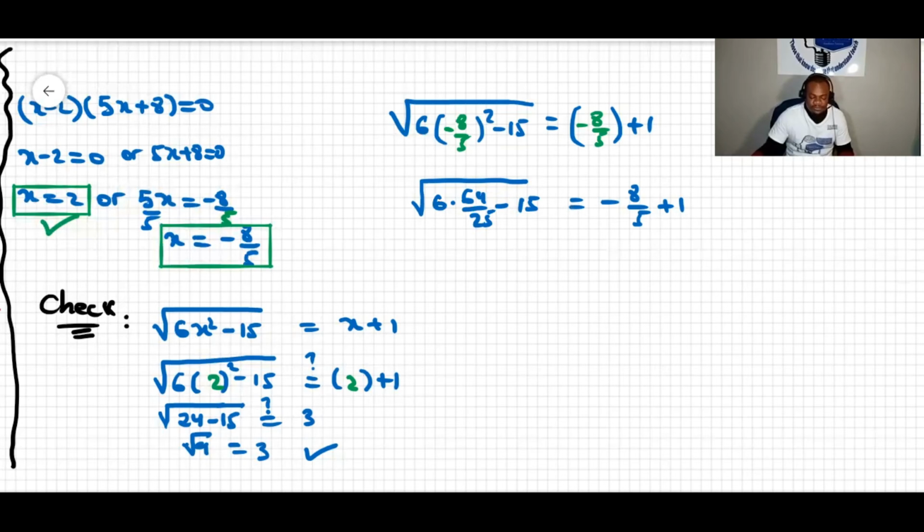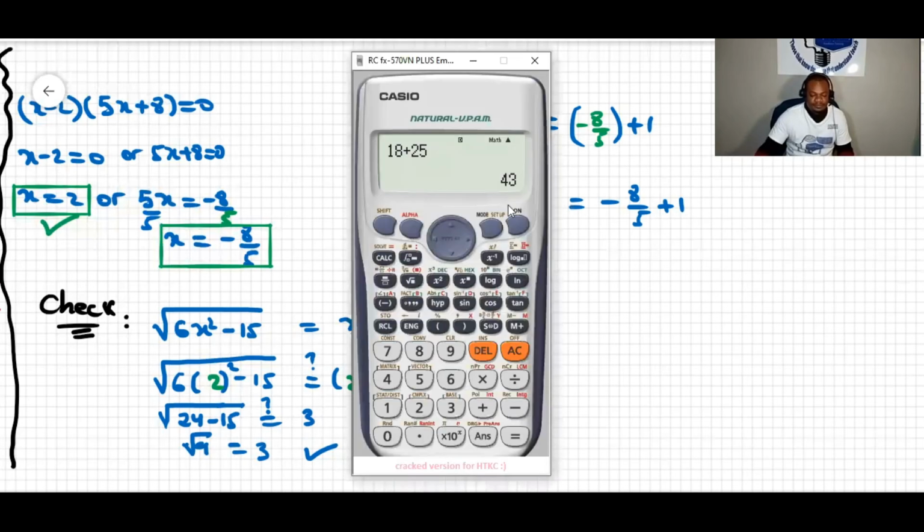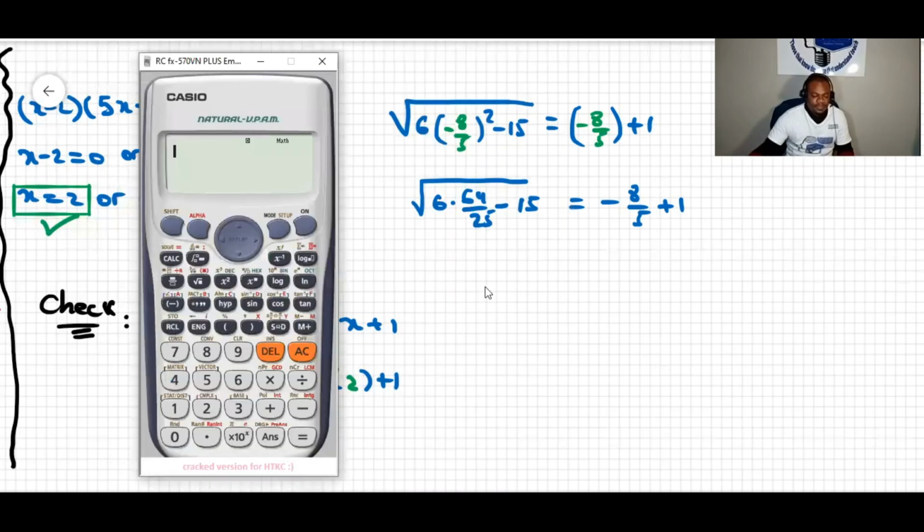So we can use a calculator. We do square root of 6 times 64 over 25 minus 15. And then when we press enter, we got a math error.